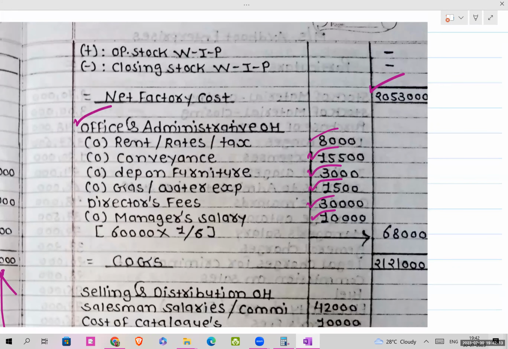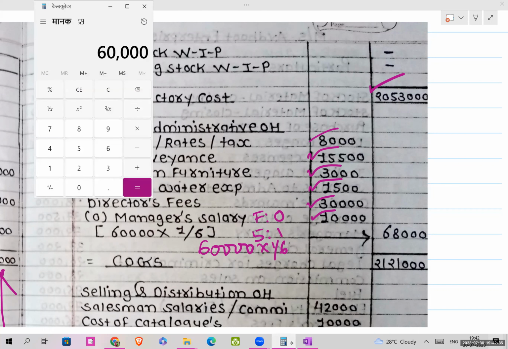Okay, and please don't forget manager salary को हमें divide करना है in the ratio 5:1. वो भूलना मत. तो 5/6 हम लोग ने ले लिया, अभी हमको 1/6 लेना है. तो 60,000 into 1 divided by 6. 10,000 plus, do the total, 30 plus 1,500 plus 3,000 plus 15,500 plus 8,000.